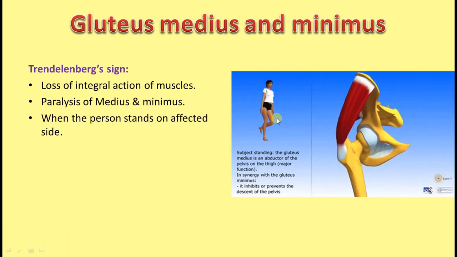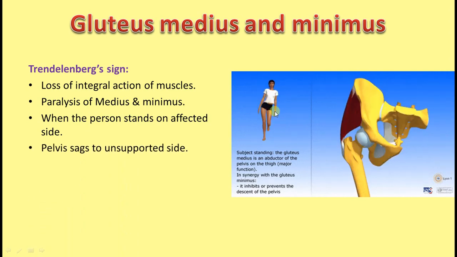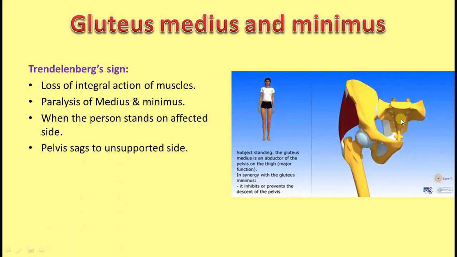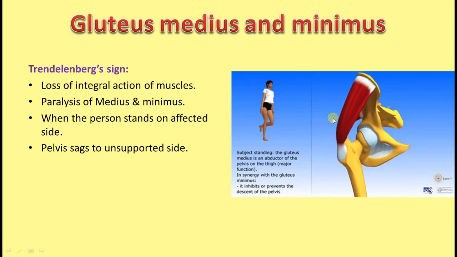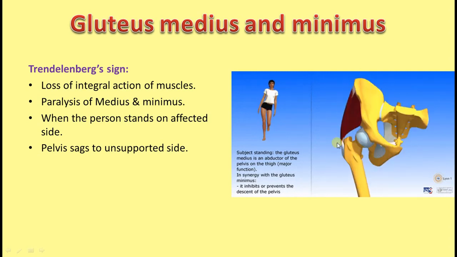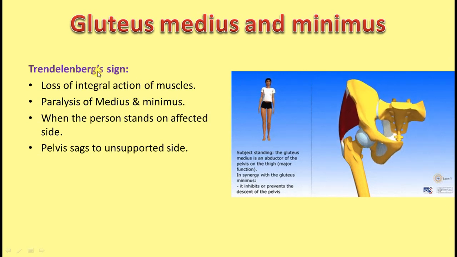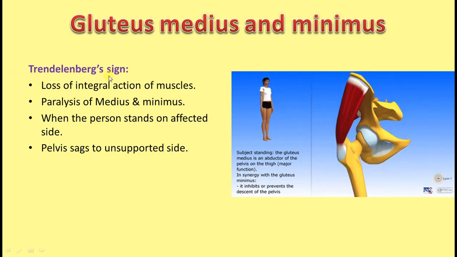So when the person stands on the affected side, the pelvis sags. You are able to see the pelvis is sagging because the muscle is not able to act, and that is called positive Trendelenburg's sign.